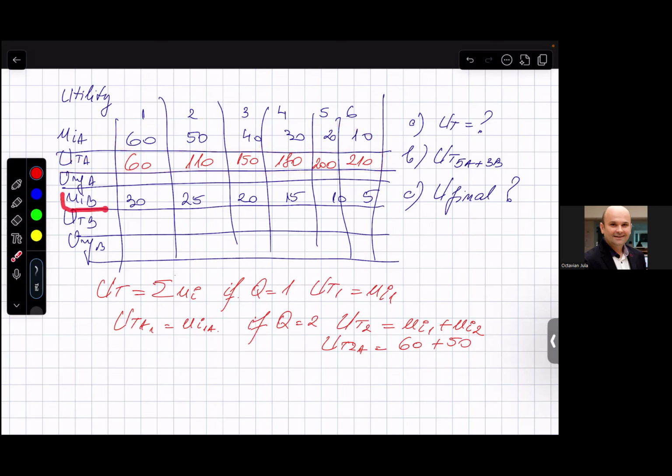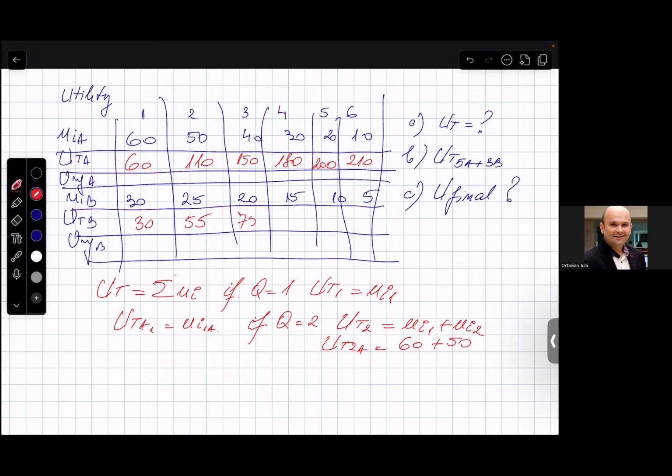In the case of the second product, the total utility will be found exactly like before. So if we are speaking about 1 unit of B, the total utility will be equal to the utility of the first unit of B. If we are speaking about 2 units of B, then the total utility will be the sum of their individual utilities.